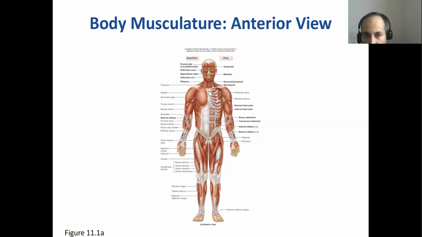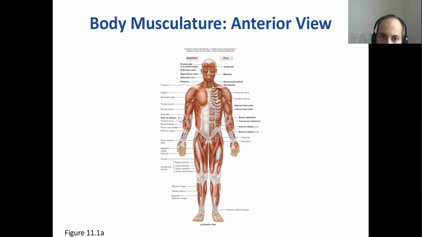As compared to the attachments to the sternum and the clavicle, they are fixed. So the fixed points of the muscles are called the origin. So the origin for sternocleidomastoid would be the sternum and the clavicle. The more movable attachment, that is called the insertion. So the insertion here is the mastoid process behind the ear. So that applies to the sternocleidomastoid muscle, okay?